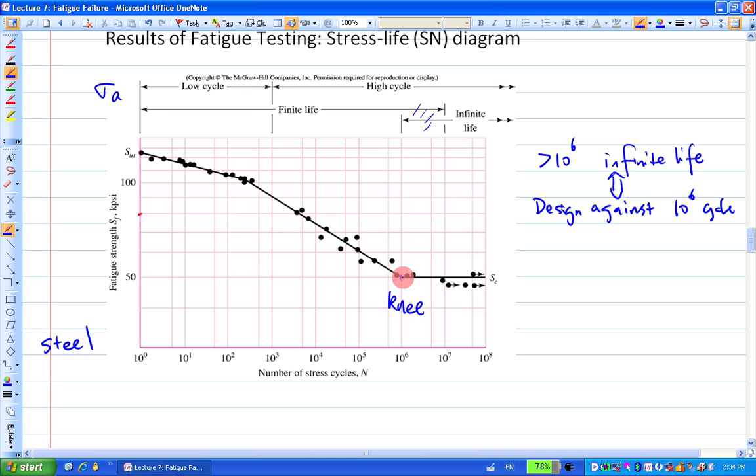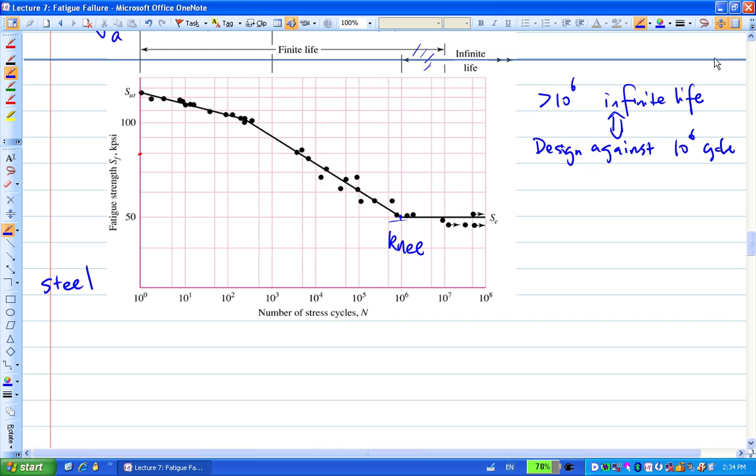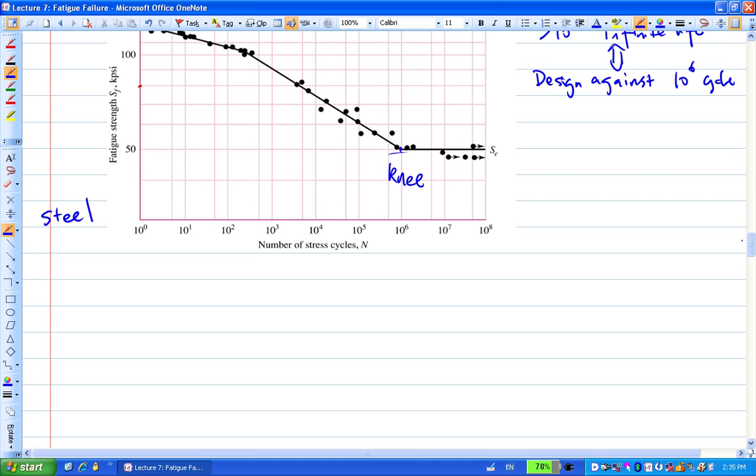Because this is important, this knee point here is important in terms of this steel material. So this particular value here is given a special symbol called SE. Now I'm going to write down a few things that we're going to use in terms of the notations.